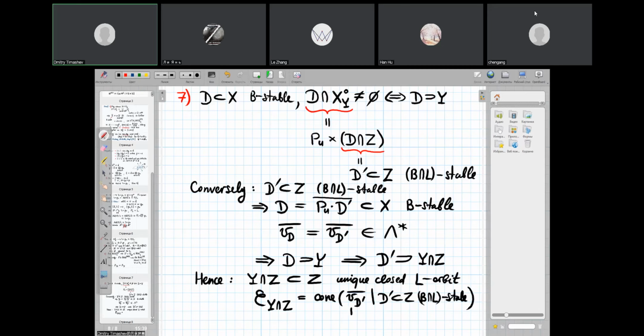But these vectors are the same as the vectors corresponding to the divisors D which intersect the open B chart, which contains Y, such that D is B stable and containing Y. And the cone spanned by the vectors VD bar of this form is exactly the cone C sub y.